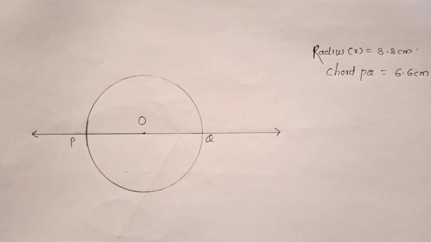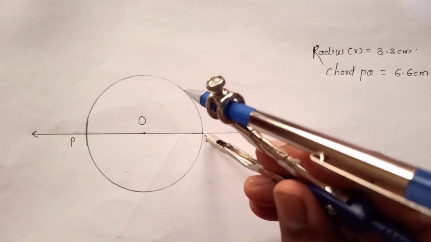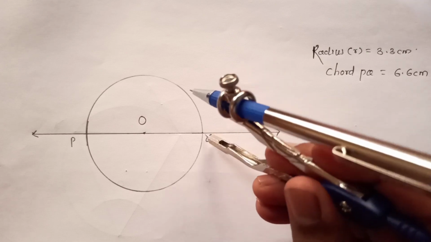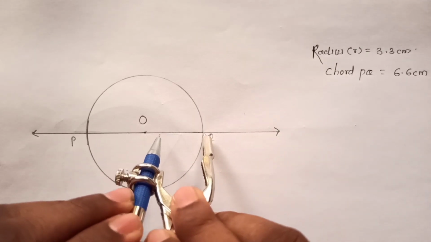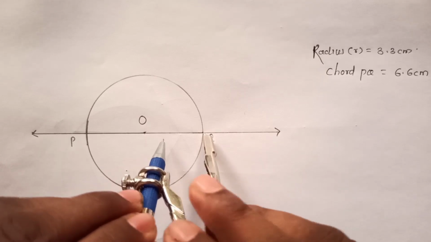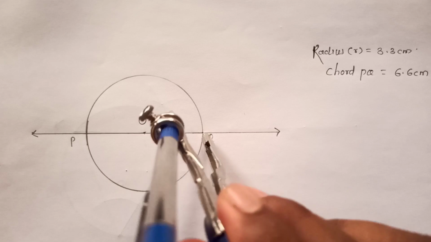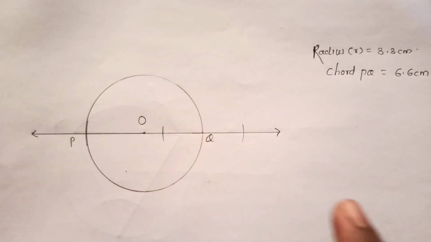Okay, now we know how to construct a tangent at a point on the circle by using the center of a circle, like question number 1. So we will hold this compass on point Q, take a sufficient distance, that distance should be less than the radius. So first arc to this side, second arc to the opposite side, like this way. So here we got that new segment here.